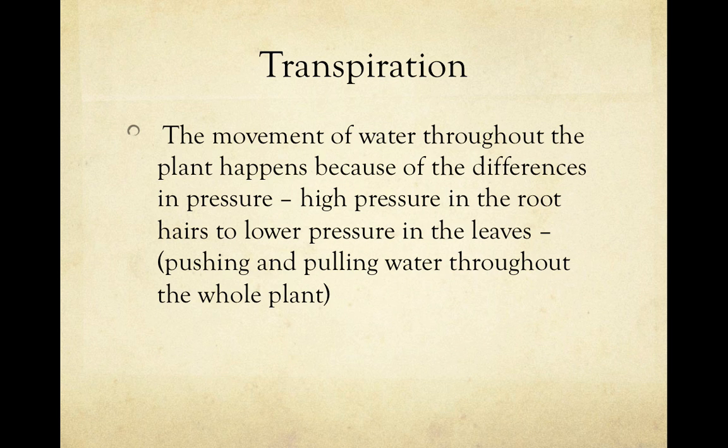So those pressures are creating a push and a pull, pulling the water up from the roots all the way up throughout the whole plant to the leaves, and then it escapes through transpiration and evaporation, through the stomata, those tiny microscopic pores.